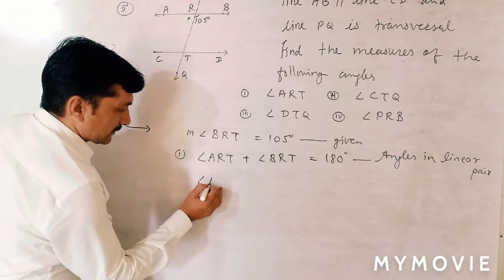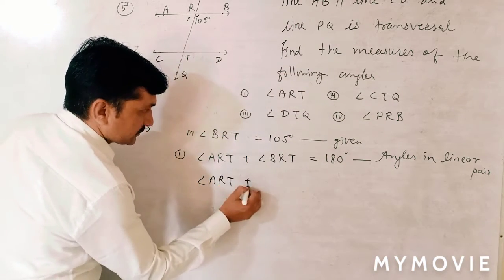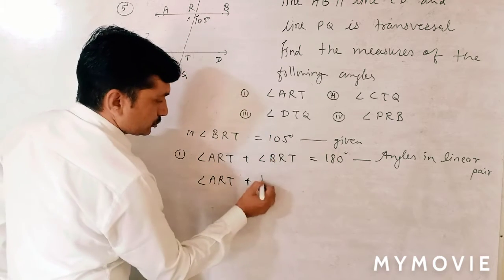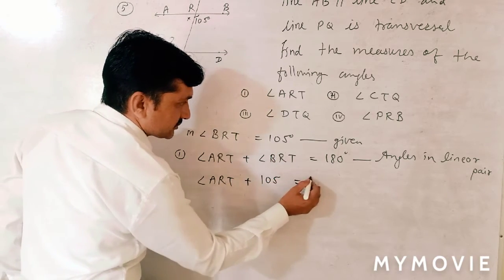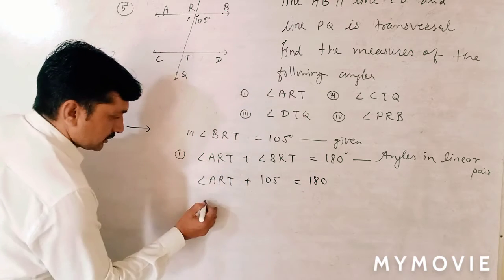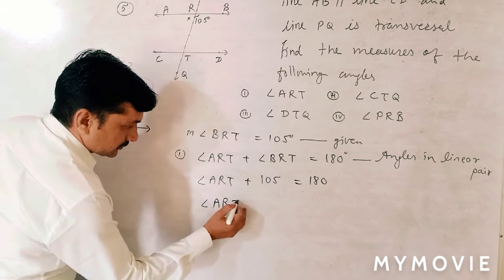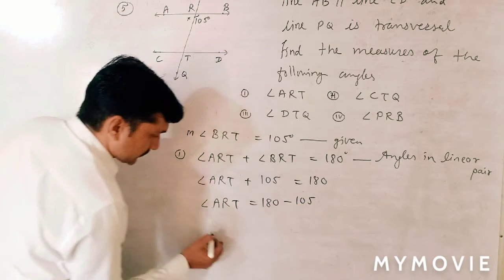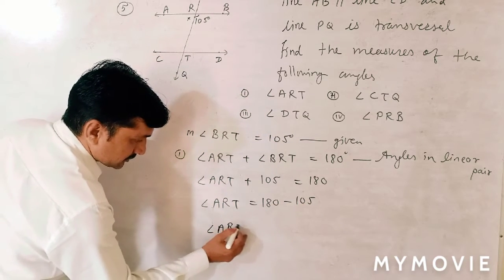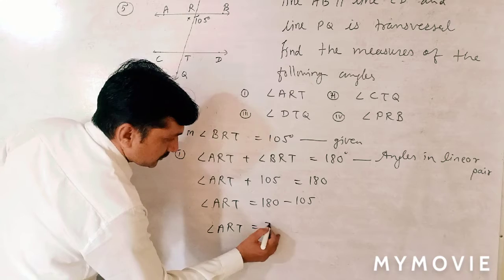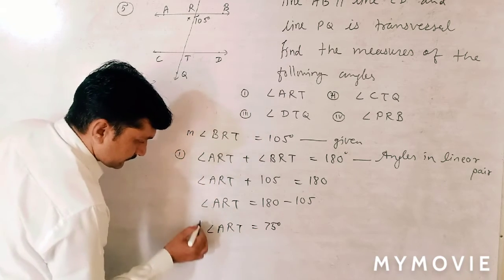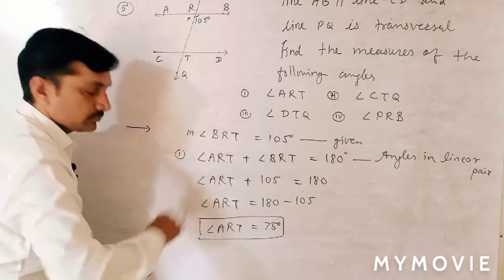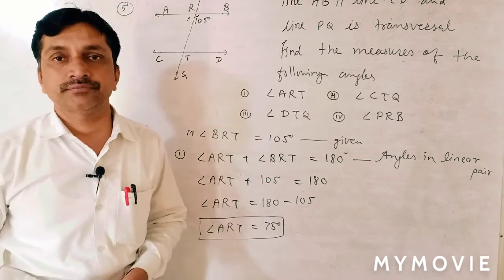Therefore angle ART plus, now BRT we know is 105 degrees, is equal to 180. Therefore angle ART is equal to 180 minus 105. First angle we get here, angle ART is equal to 75 degrees.